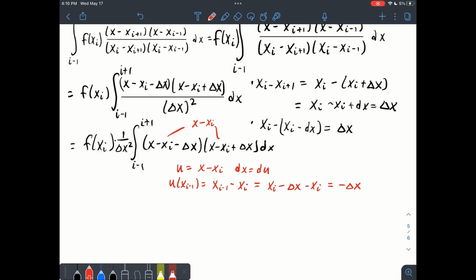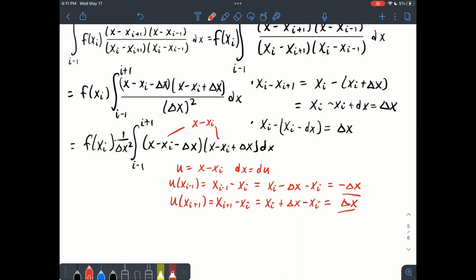And then u of xi plus 1 is equal to xi plus 1 minus xi, which is xi plus delta x minus xi, equal to positive delta x.